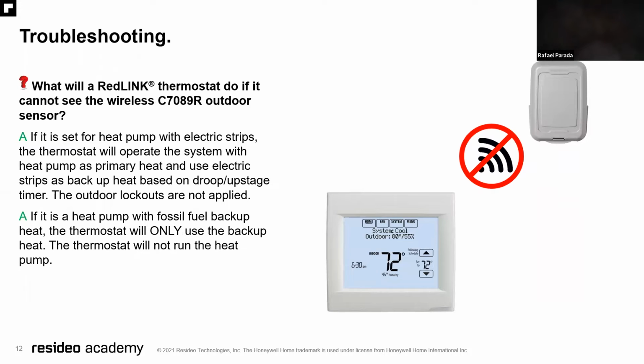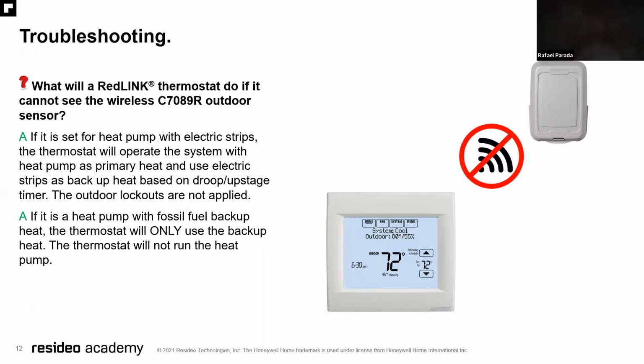What is going to happen if the RedLINK thermostat cannot see the outdoor sensor? This is a pretty common question, actually, and it depends on how the thermostat is configured. In the first scenario, if we have a heat pump system with electric backup heat, the thermostat will work normally.